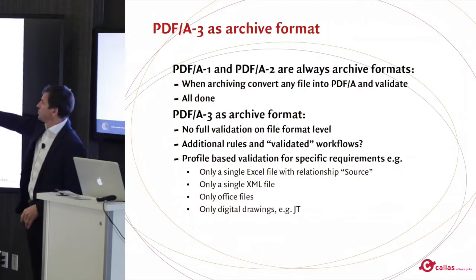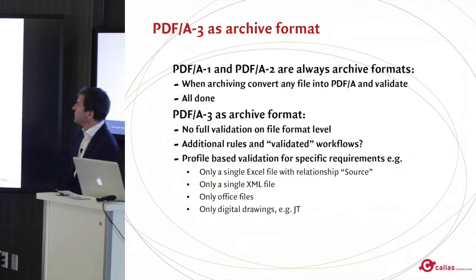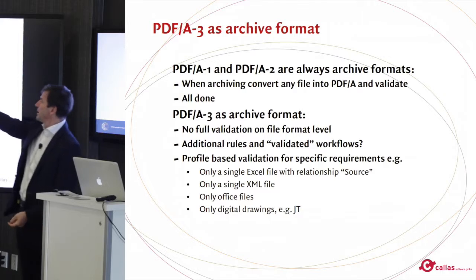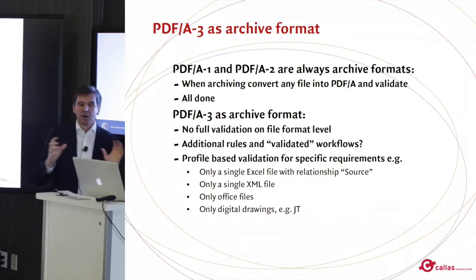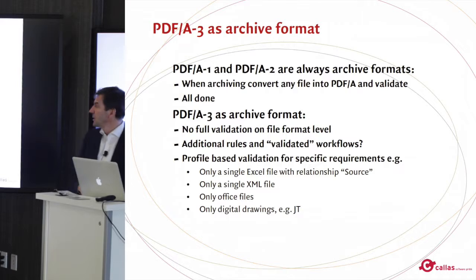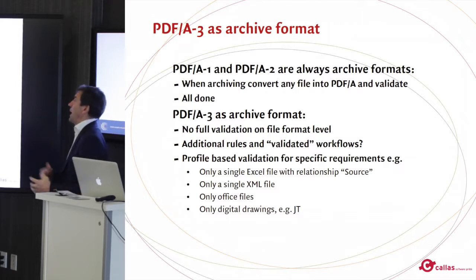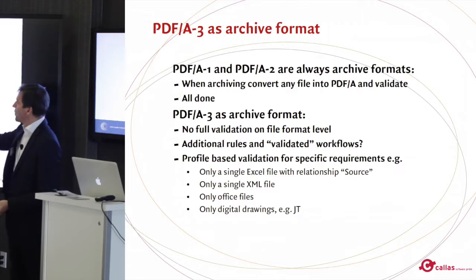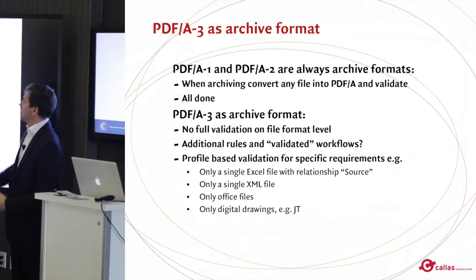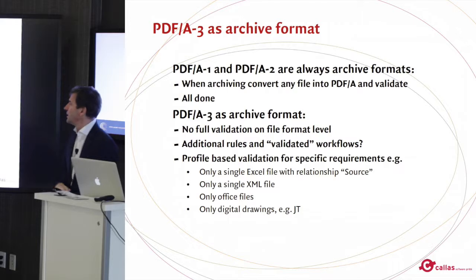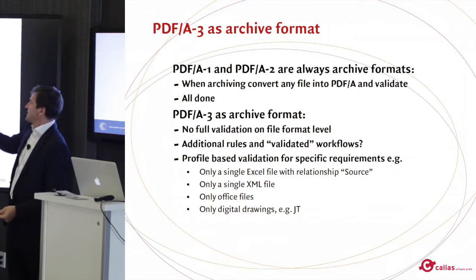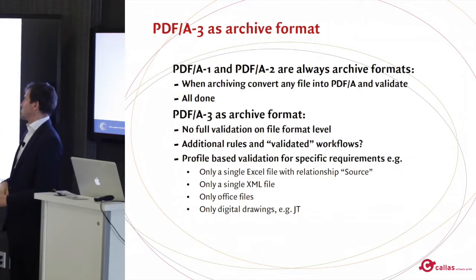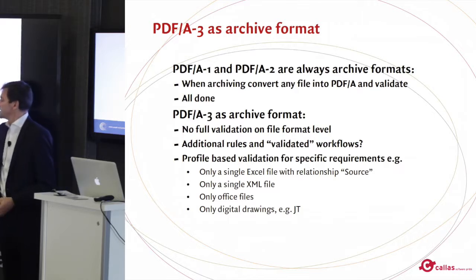With PDF-A3, you have a slightly different situation. The full validation is only possible for the PDF-A part of the content. It's not possible for any attachments that are not in PDF-A. So you may want to apply additional rules here, like that would allow you to find out whether a particular PDF-A3 file, for instance, has only a single Excel file attached to it and nothing else, or only a single XML file.